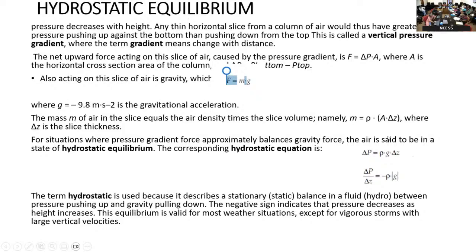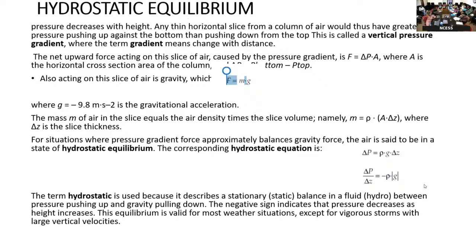The hydrostatic equation says the change in pressure over the thin slice of air is the density times the gravitational constant times the change in height. This is basically the hydrostatic equation, because it represents a balance between the pressure gradient and the gravitational force.